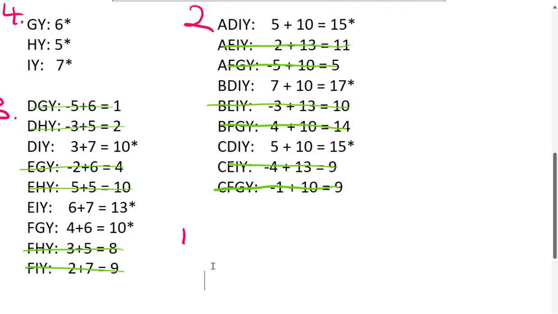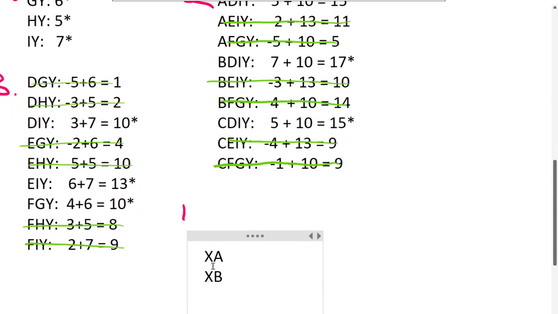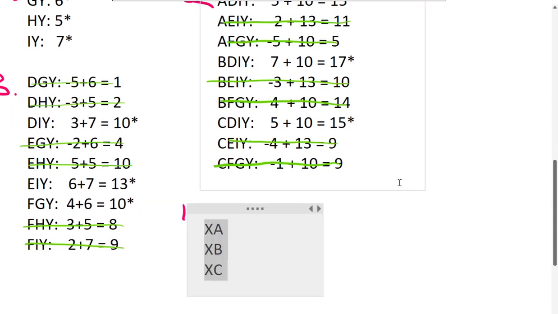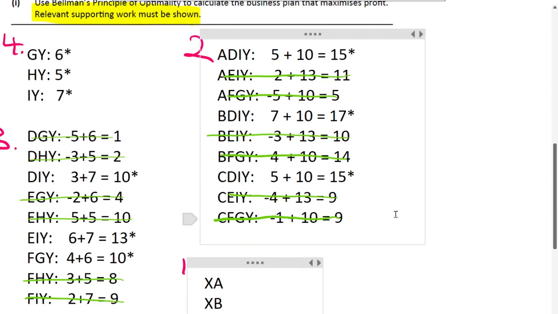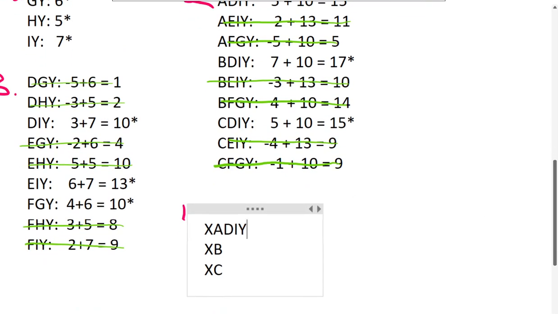So that is XA, XB, and XC, the 3 routes in stage 1. So if we're at A, it goes DIY, so it's A DIY. If we're at B, it goes DIY. And if we're at C, it goes DIY again.